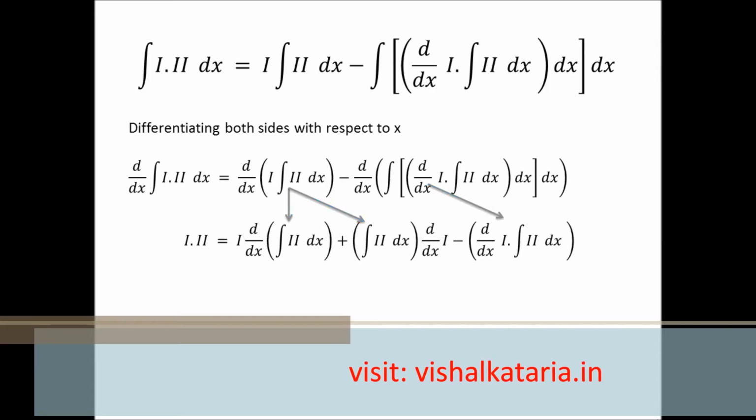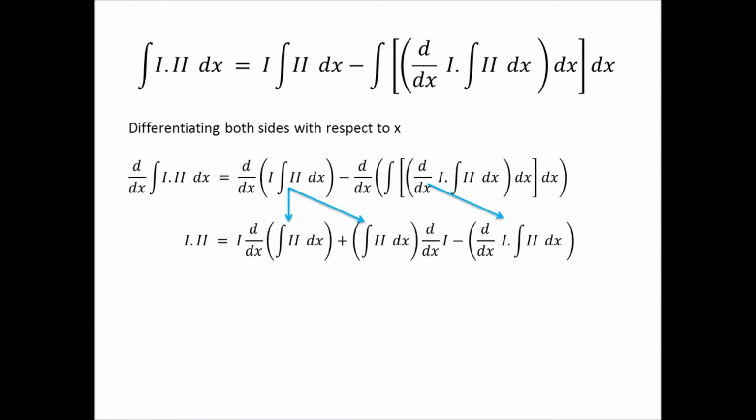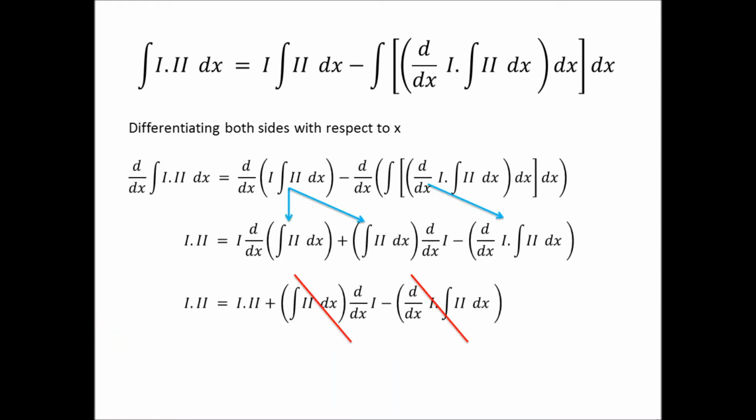And now if you observe carefully, in the first term again differentiation and integration will cancel each other. First term will be 1 into 2, and the second and third terms are exactly the same, will cancel out, and this is what we will get. It means this formula also satisfies the definition of integration, that is, integral is a reverse process of differentiation.